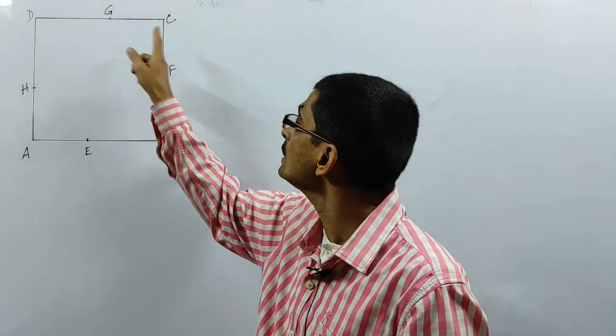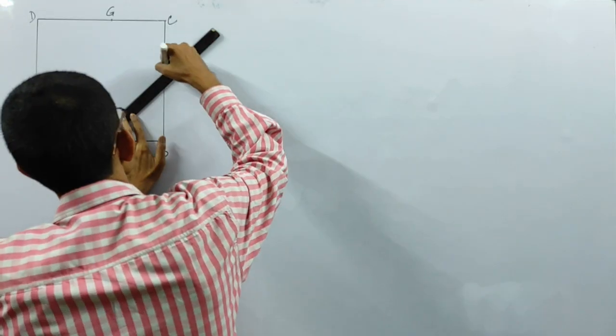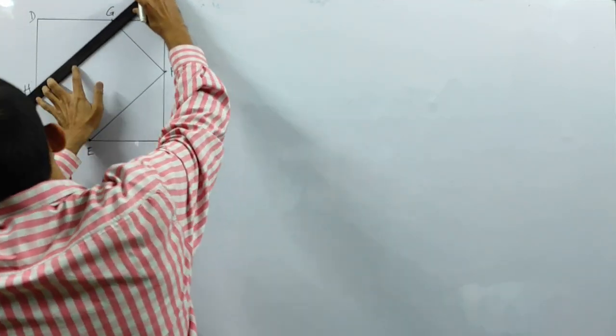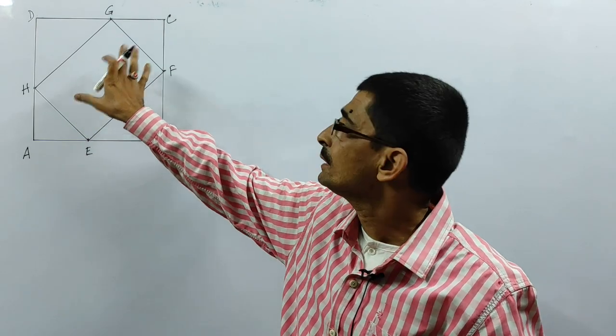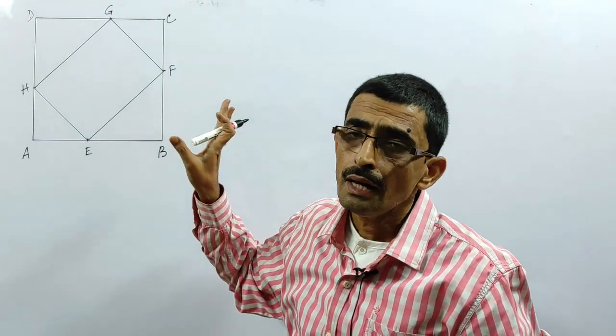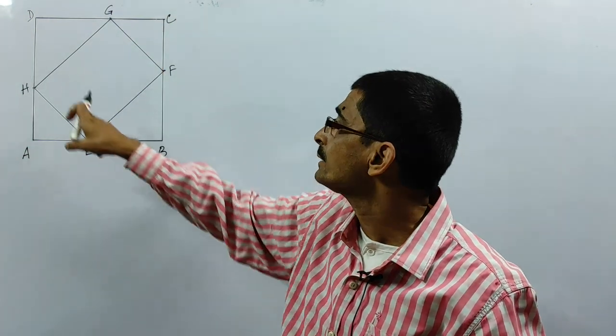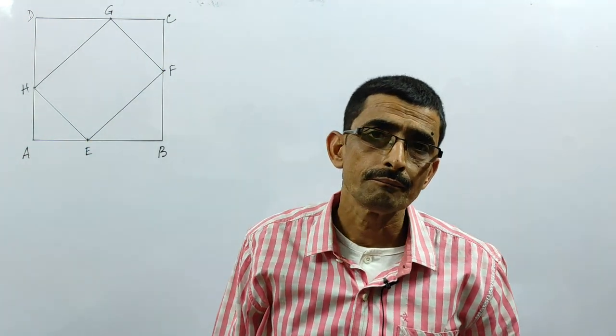So we have to join EFGH. Let us join. We have to prove EFGH is a rectangle, and we have to find out the perimeter and the area of this rectangle.